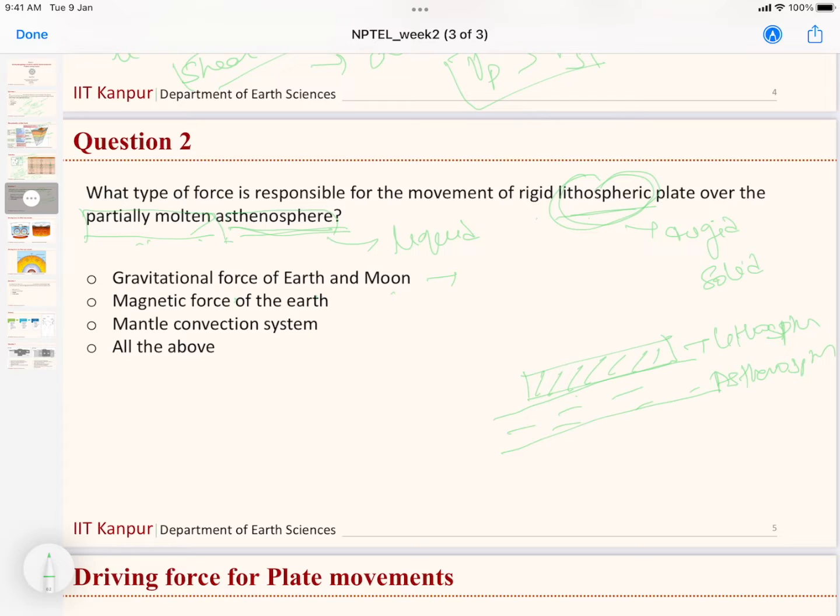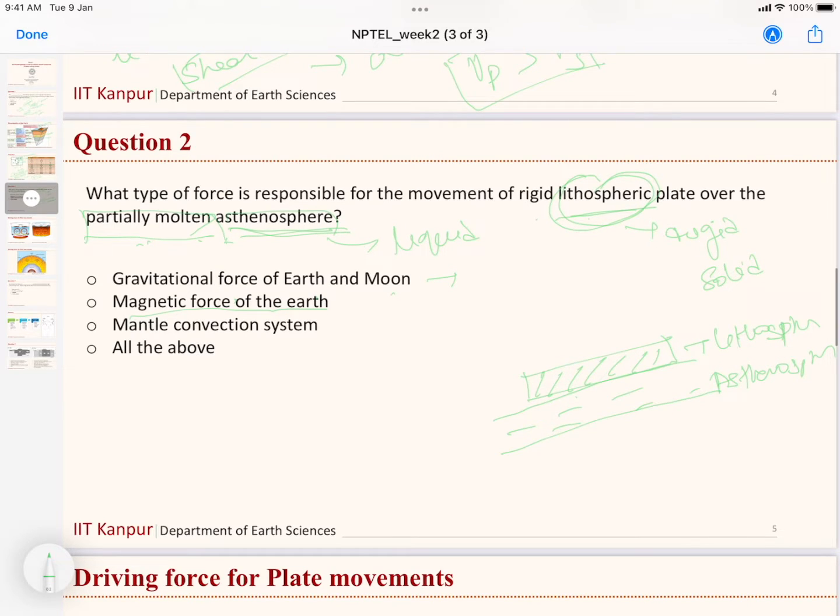If we go to the second option, magnetic force of the earth, I don't think it will act as a driving force, because here we are talking about a closed system where two entities are existing. So magnetic force, I don't think so. And what about the mantle convection system, or all of the above?